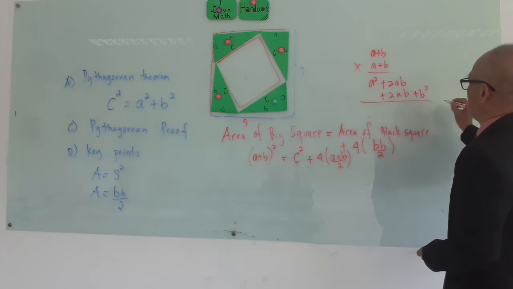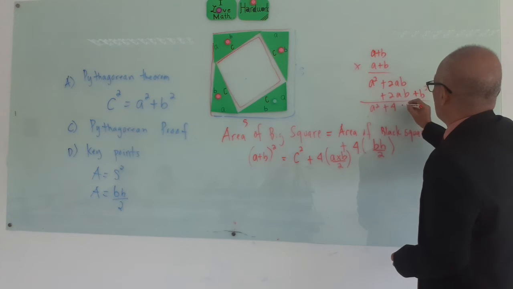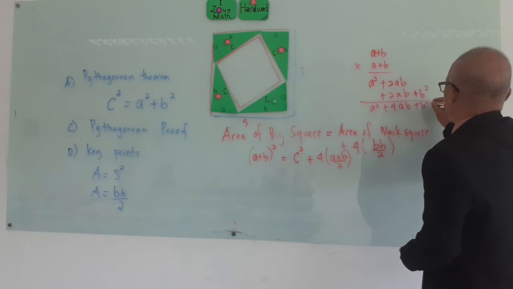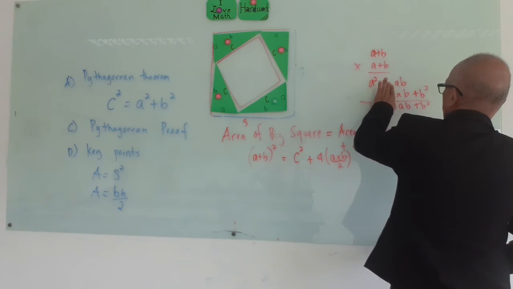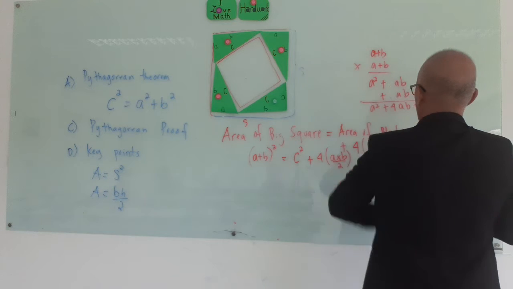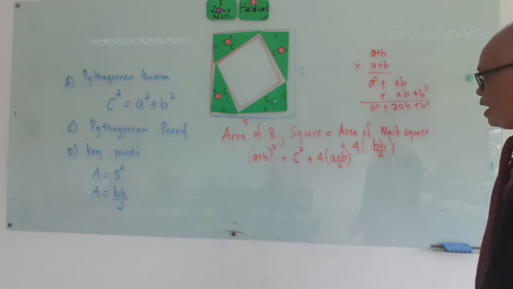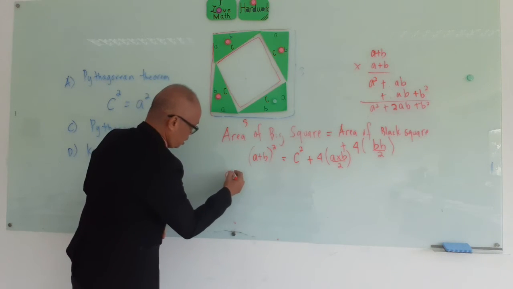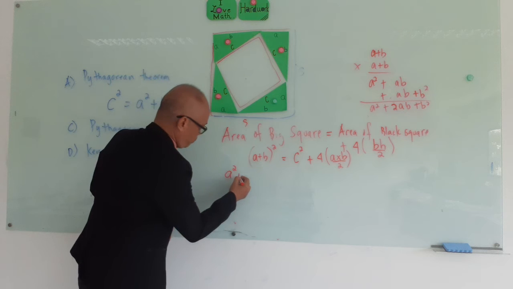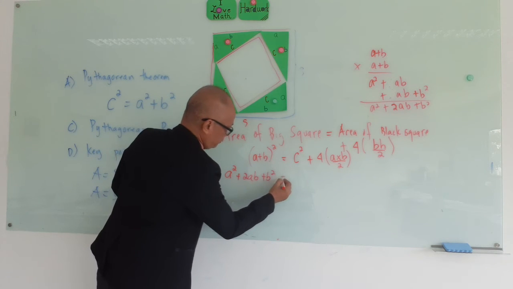So we have A squared plus 2AB plus B squared.